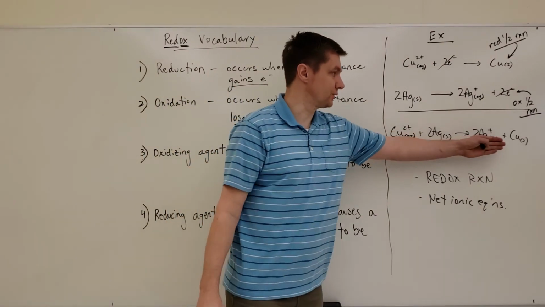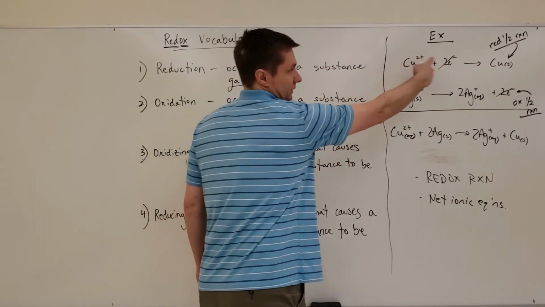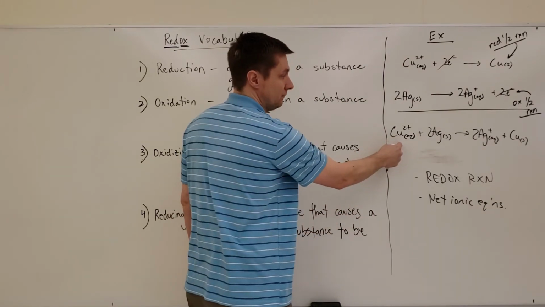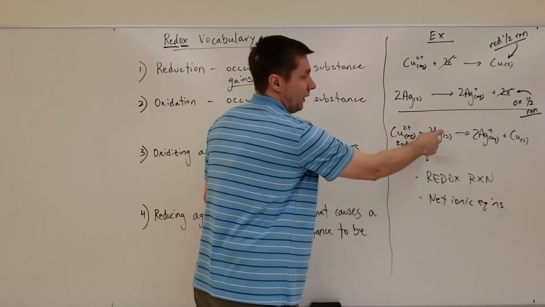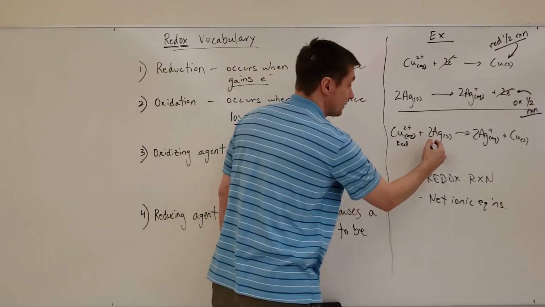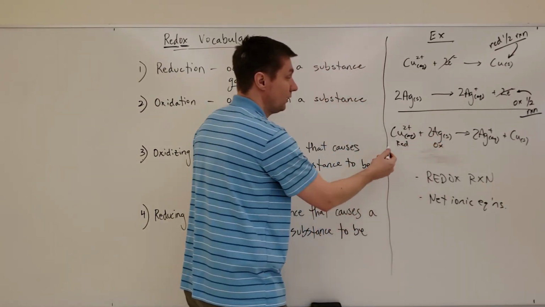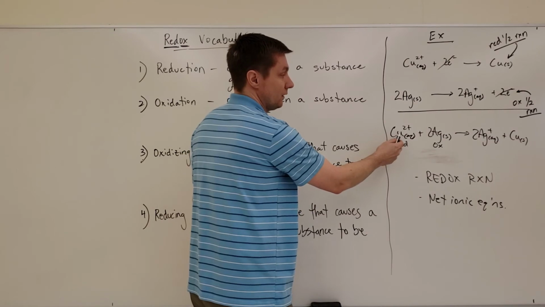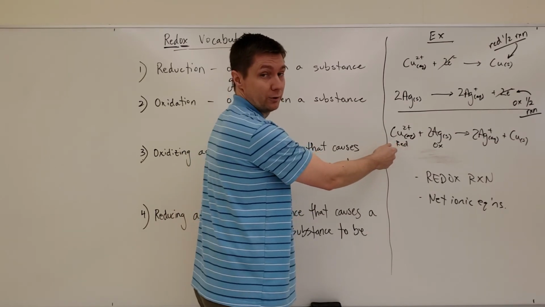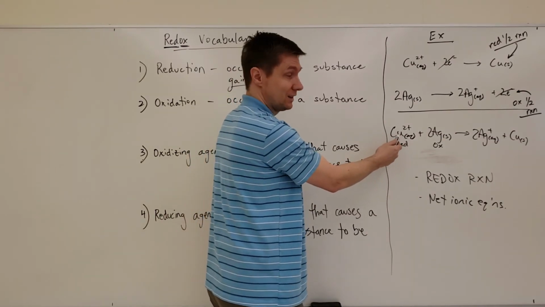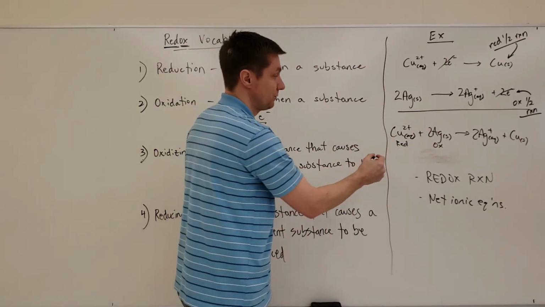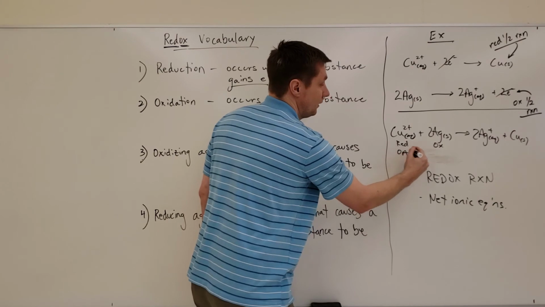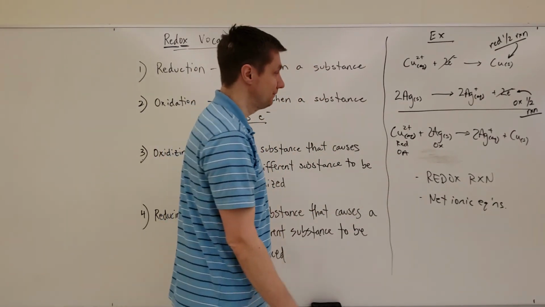And in this reaction, we know that, because this is the reduction half reaction, the copper 2 positive is being reduced and the Ag solid is being oxidized. Now, the copper 2 positive, because it's being reduced and gaining electrons, it is the thing that is causing the silver to be oxidized, which makes the copper 2 positive the oxidizing agent.